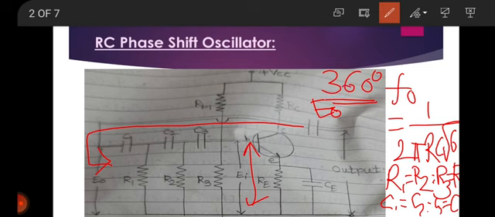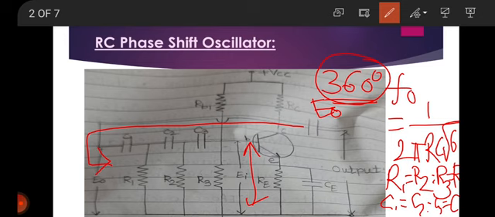So what does this 360 degrees mean? It is a positive feedback. Therefore, our condition for the amplifier to work as an oscillator is satisfied, that is the Barkhausen criteria is satisfied. That means in the Barkhausen criteria we must have positive feedback for the oscillator.